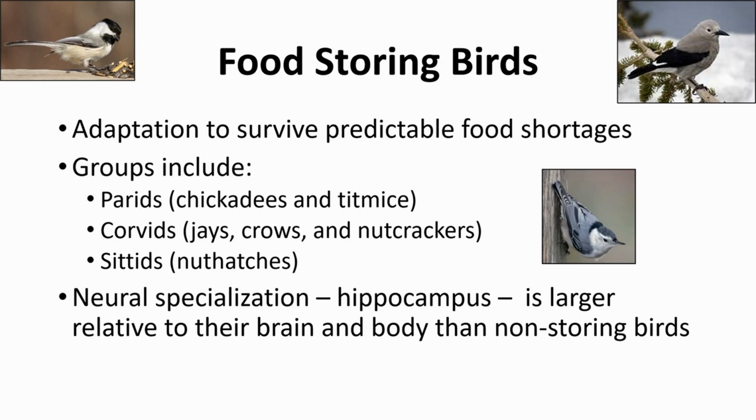We can call this a neural specialization, because even across all three of these groups, those species that do food caching have larger hippocampuses, or hippocampi, relative to their brain and body than non-storing birds, even if those non-storing birds are fairly closely related. So species that cache have larger hippocampuses as compared to the rest of their brain volume and compared to their body size when we compare them to similarly sized species that don't cache.